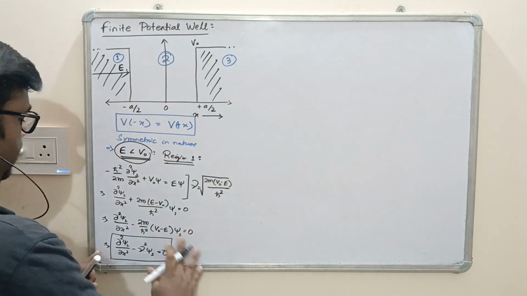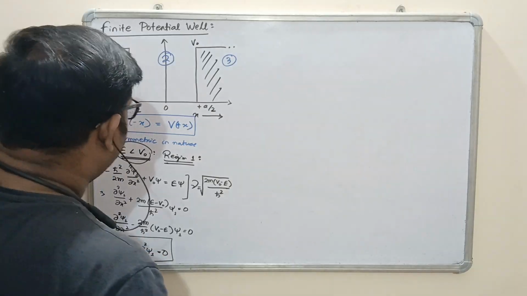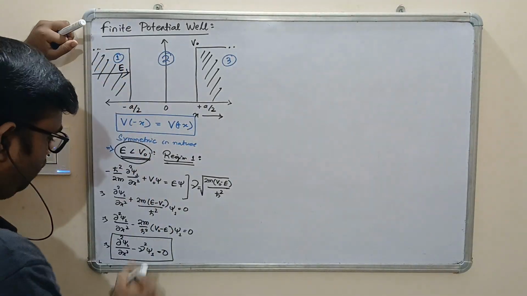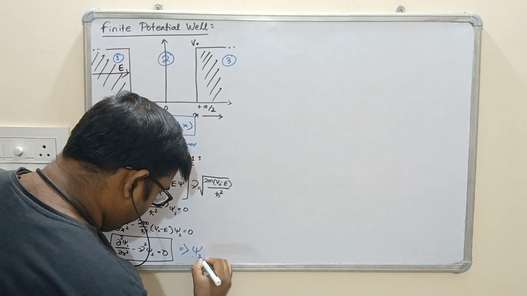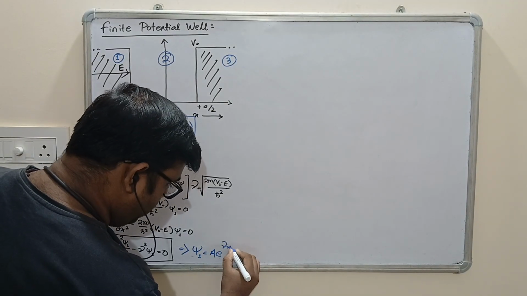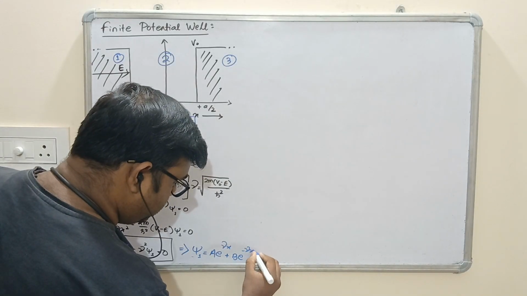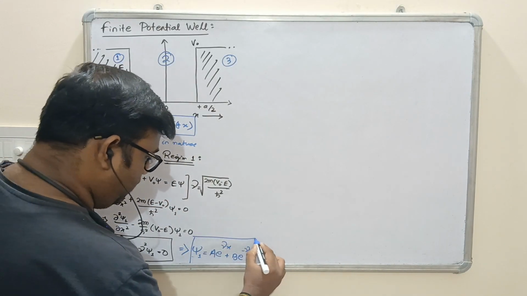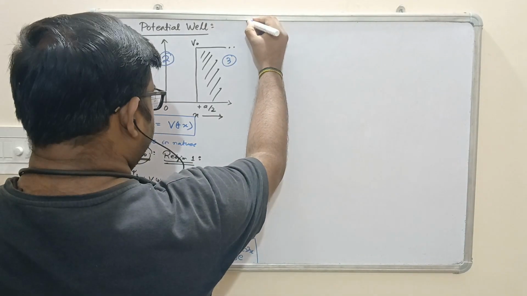This is the first step. This is the wave function in region 1. Now look, when we solve, our equation will become psi 1 equal to a e to the power nu x plus b e to the power minus nu x. I hope everyone understands this. Now look what we are doing here.